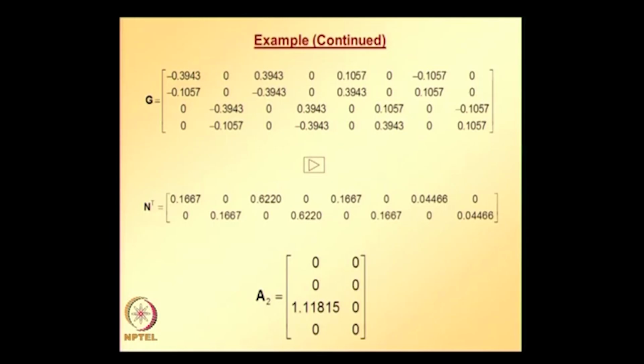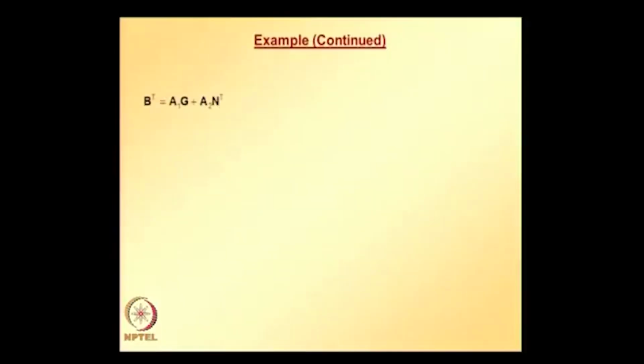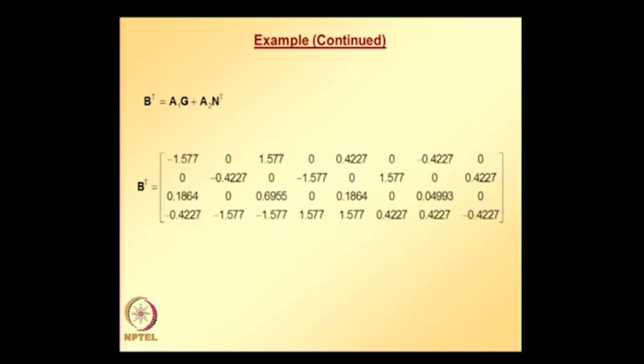Once we have all this, we can substitute into this equation to find the strain displacement matrix B, and once we have this B matrix, we can find the contribution to the element stiffness matrix from this integration point by substituting into this equation.